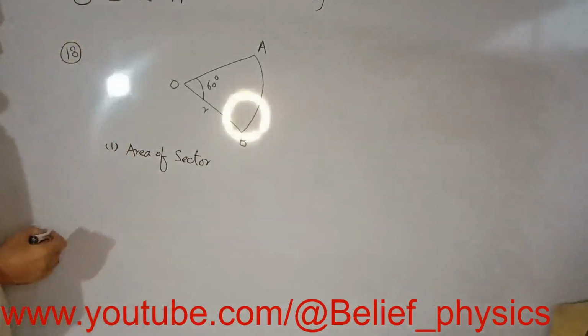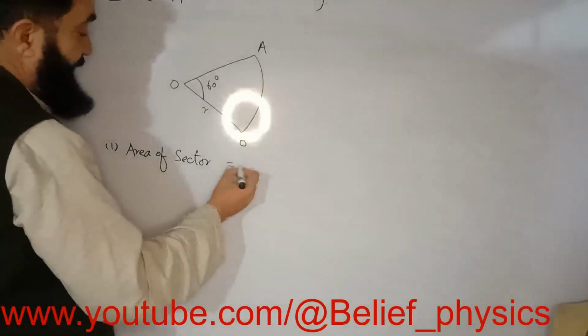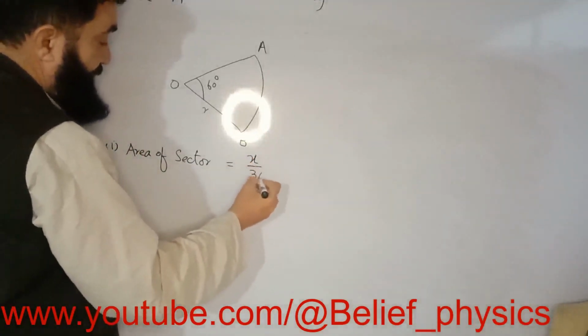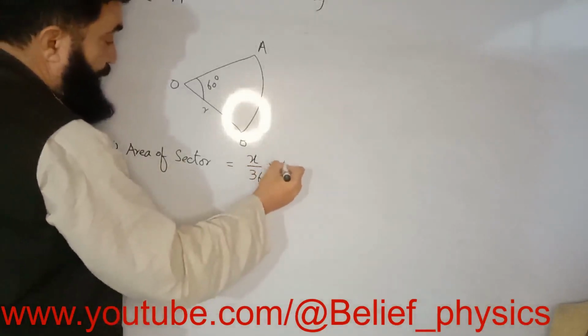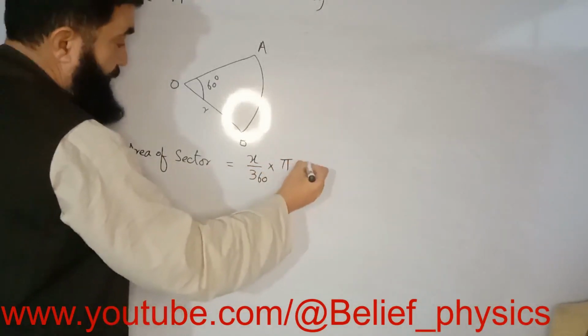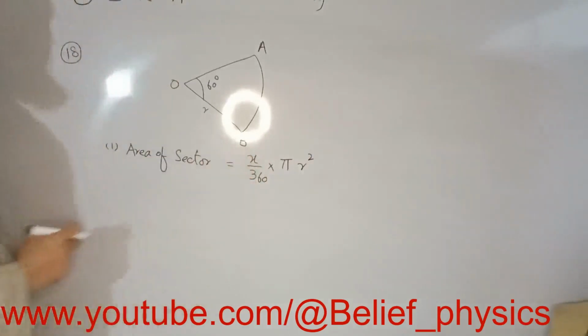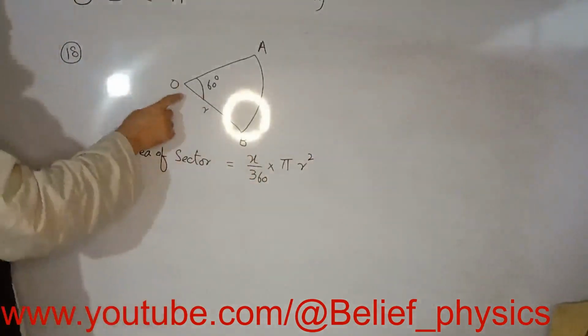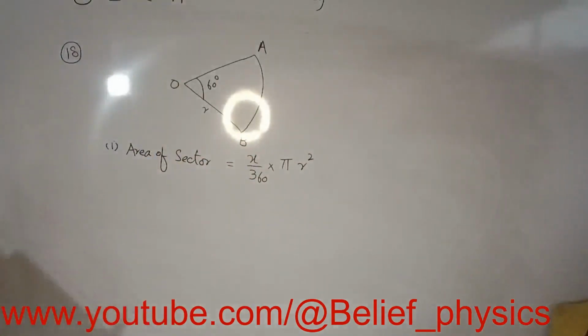The formula for the area of a sector is x over 360 times pi r squared, where x is the angle subtended by the sector at the center of the circle. Here the value of x is 60.